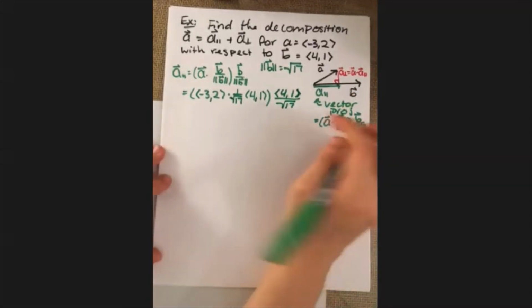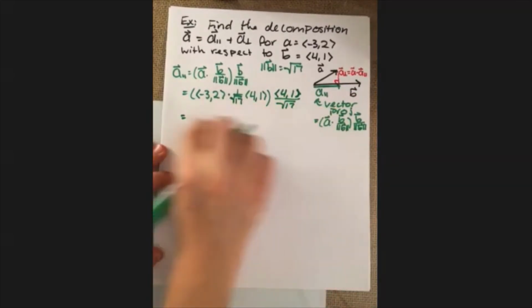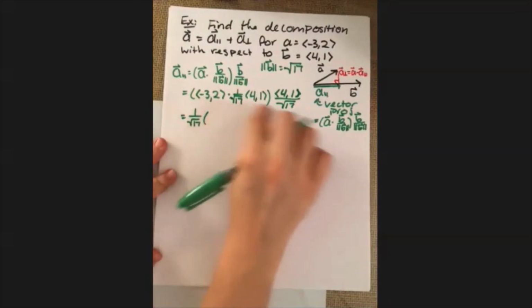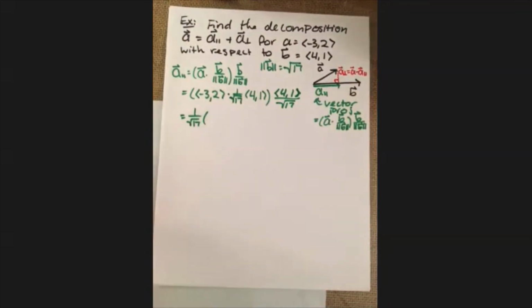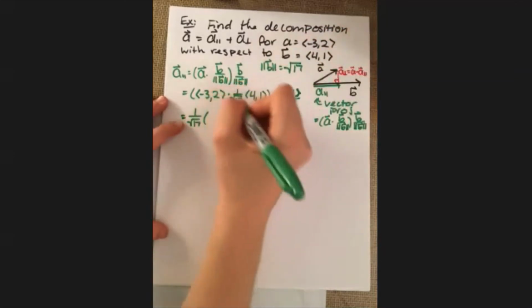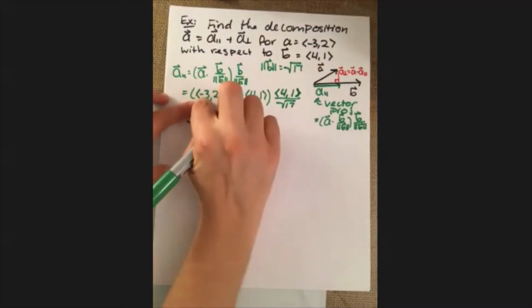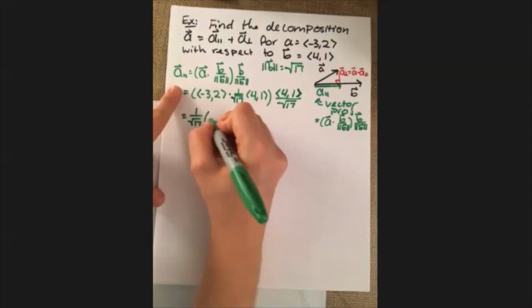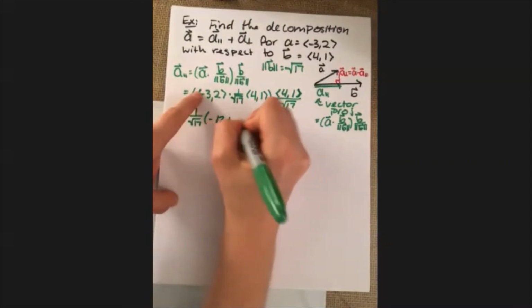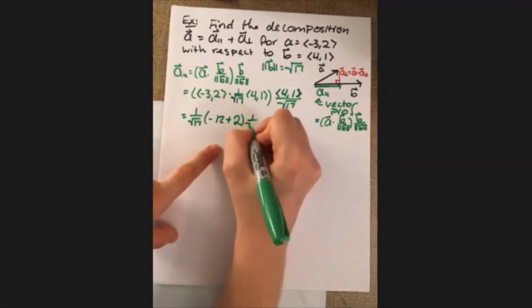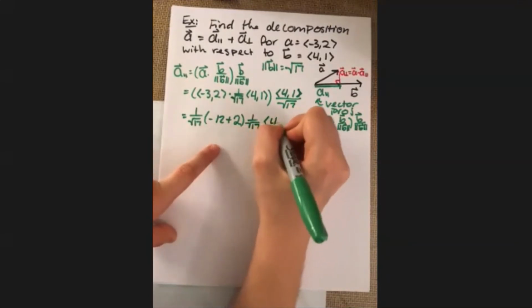To do this dot product, I like to pull the 1 over root 17 out to the front. If you multiply that through before you do your dot product, you are just begging to make a mistake. So I strongly recommend that you pull it out to the front so we can deal with it later. The dot product of these two vectors is -3 times 4, so that's -12, plus 2, which gives -10. This is still times 1 over root 17 times 4, 1.